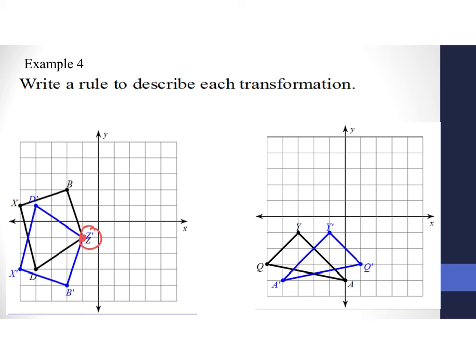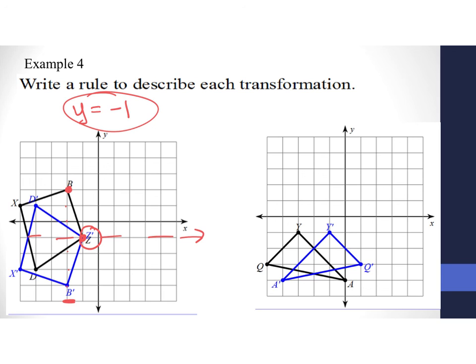So what that tells me then is I'm probably going to be reflecting over the line that goes through right here. And this is my line of y equals -1. Now to confirm that, I can see that B right here is 1, 2, 3 units above, which means that B prime down here should be 1, 2, 3 units below. So that would be a pretty good guess, and in this case, that is correct.